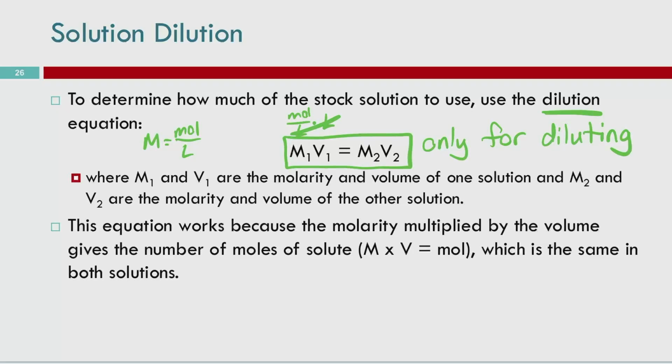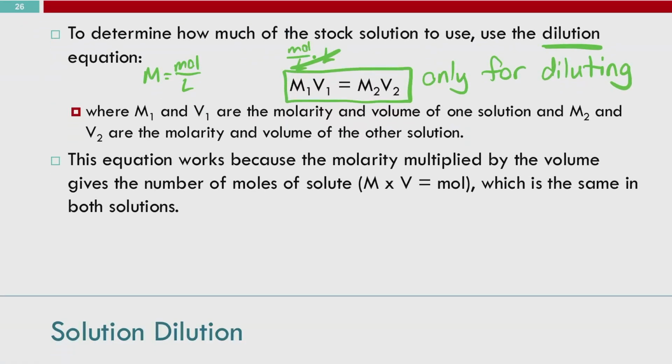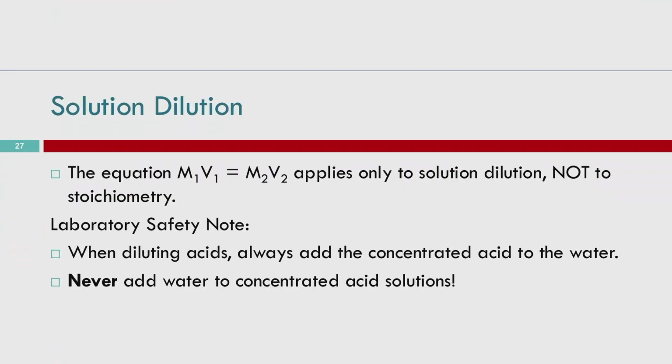So all that we're saying with this equation is the moles that we started with is the same as the moles we ended with. And that's true because we've just separated things out. We've diluted our solution, but we haven't changed the amount of moles that are in there. It's nothing fancy, but it works really nicely for doing dilutions. That's why it works. Let's see it in action coming up here.